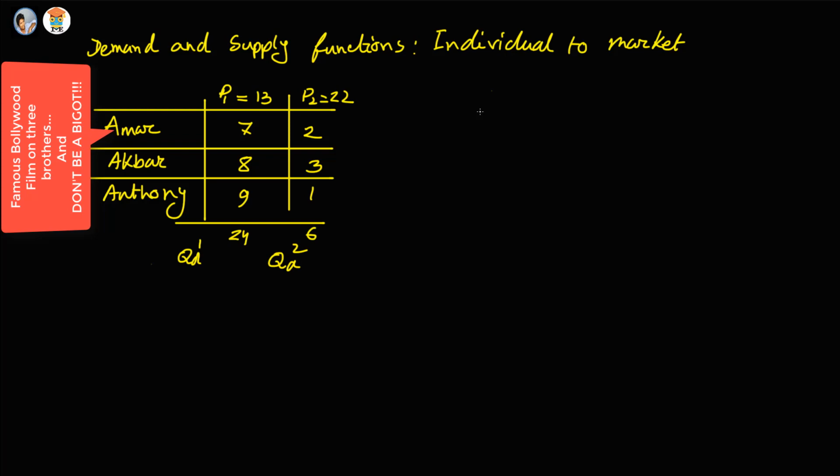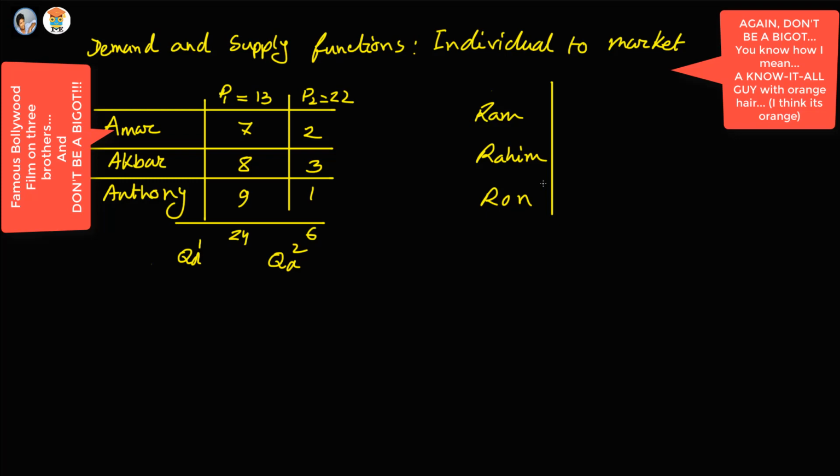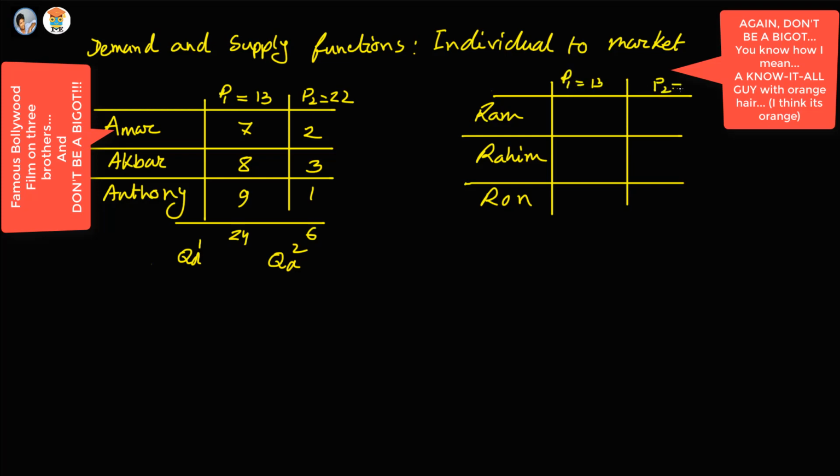Again, there are three other individuals, say Ram, Ragni and Rahim. These three individuals supply apples in the market. At the same prices, say P1 is equal to 13 and P2 is equal to 22, Ram supplies 1 unit of apple, Rahim supplies 2 units of apple, and Ragni supplies 0 units of apple.